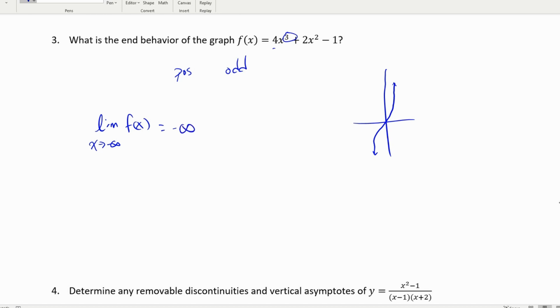The y values keep decreasing. And then on the right side, the limit of f of x as x approaches positive infinity. What's happening on the right side of the function, the y values, the function keeps increasing to positive infinity. So that's going to be the end behavior of this graph.